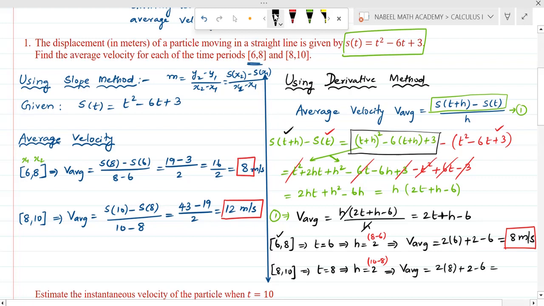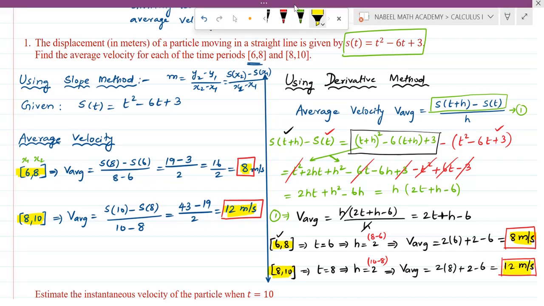So it is 16 plus 2, 18, 18 minus 6, which is equal to 12 meter per second. This is the average velocity over the interval 8 comma 10. Similarly, by using the derivative we will get the same result, so by using this derivative formula you will get the same answer.